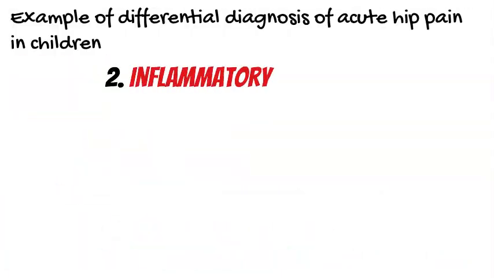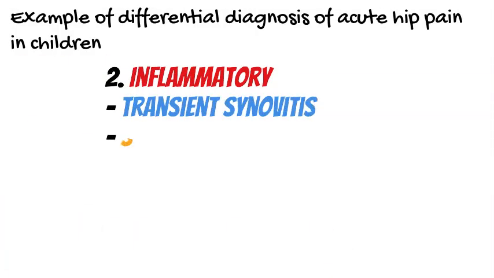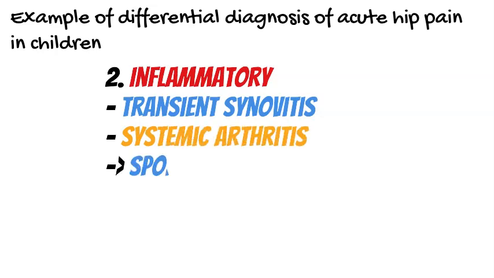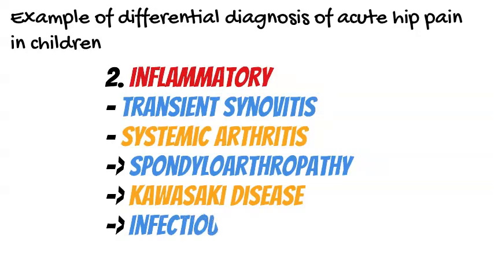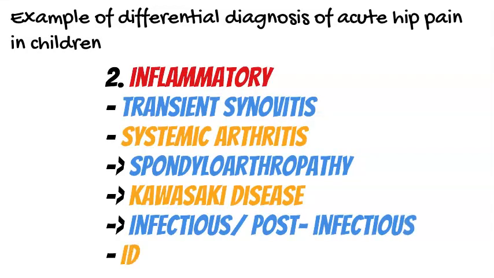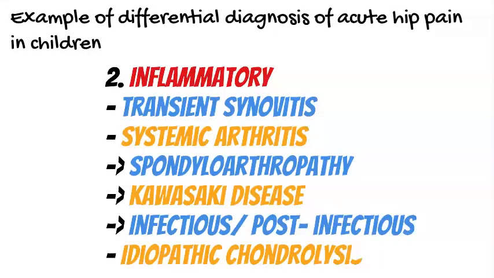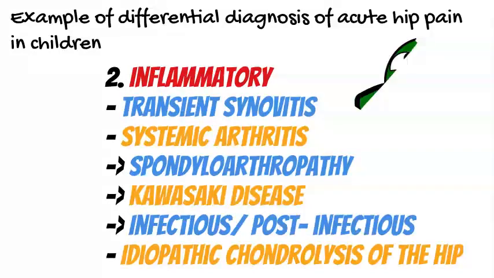Number 2. Inflammatory causes include transient synovitis, systemic arthritis, spondyloarthropathy, Kawasaki disease, infectious or post-infectious causes, idiopathic chondrolysis of the hip.